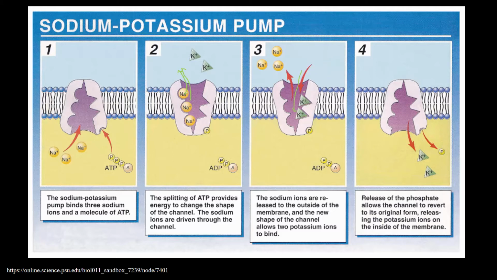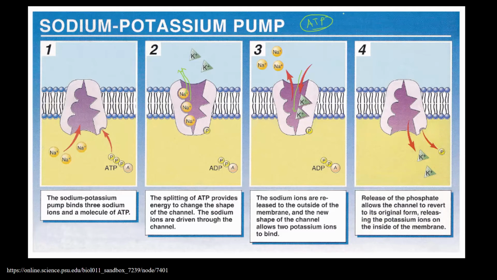The pump is going to counteract that. It's going to grab some of that and bring it back in. Now, the thing about the pump is it requires energy. ATP is the currency of energy. So for every ATP molecule, 3 sodiums go out, 2 potassiums come in.